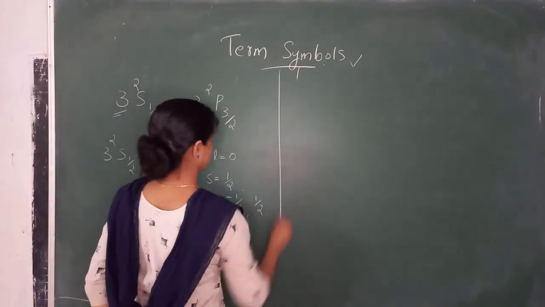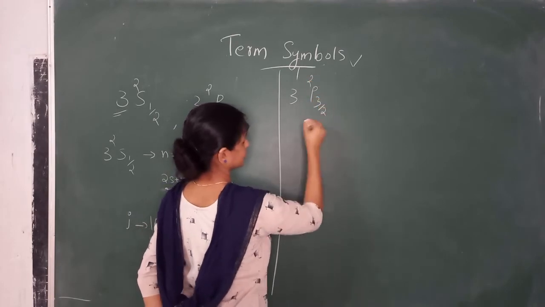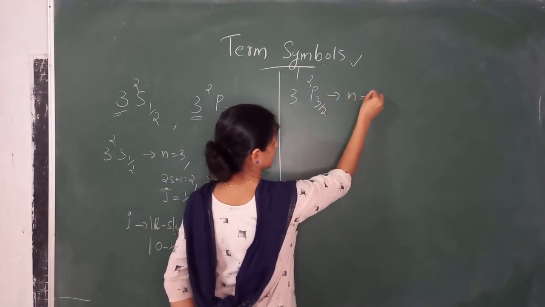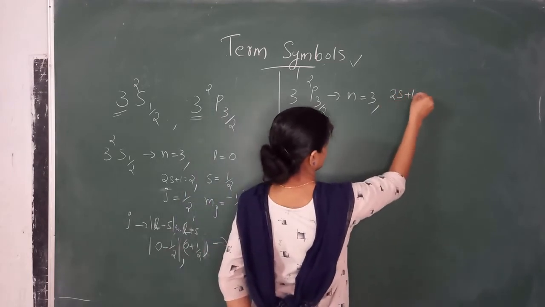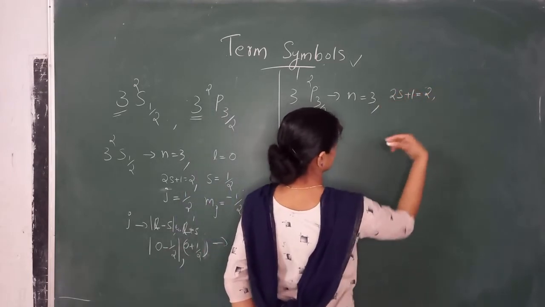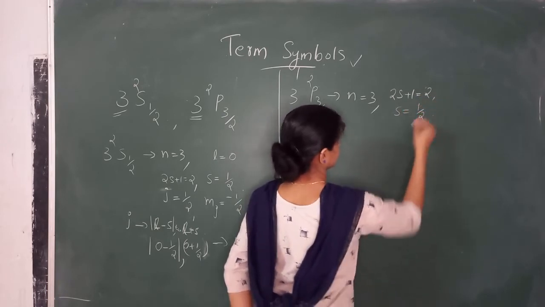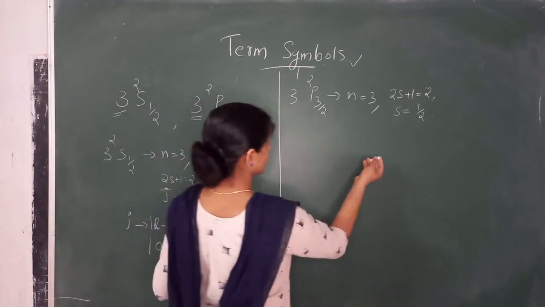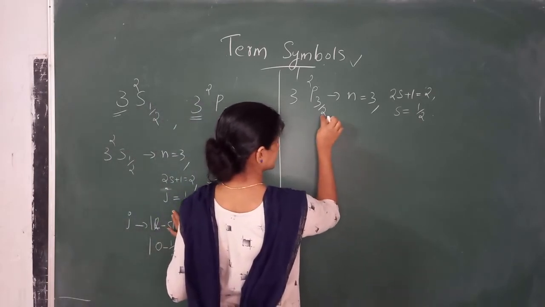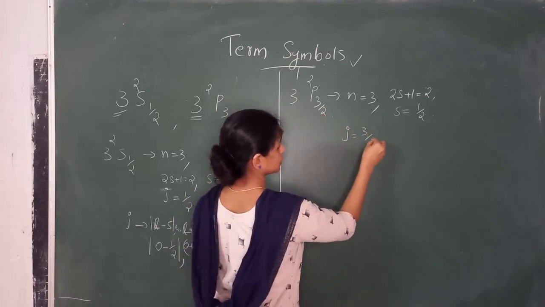Then for the next one, that is 3p 3 by 2. Here n equal to 3. 2S plus 1 is equal to 2. That is S is equal to again 1 by 2. Then what is the value for J here in this particular notation? J is equal to 3 by 2 here.